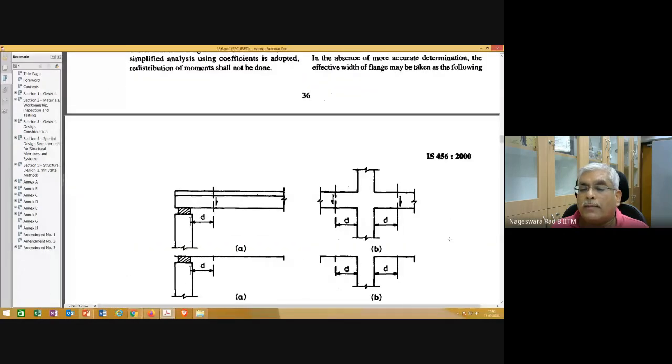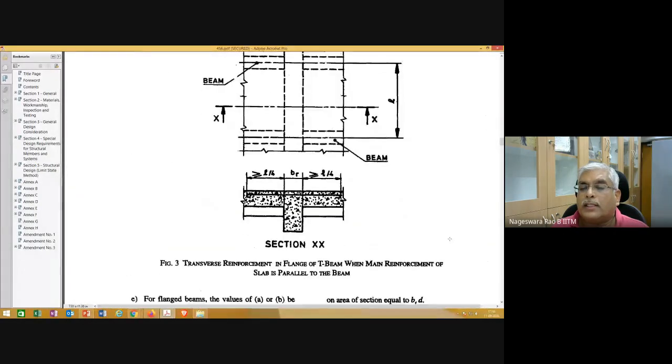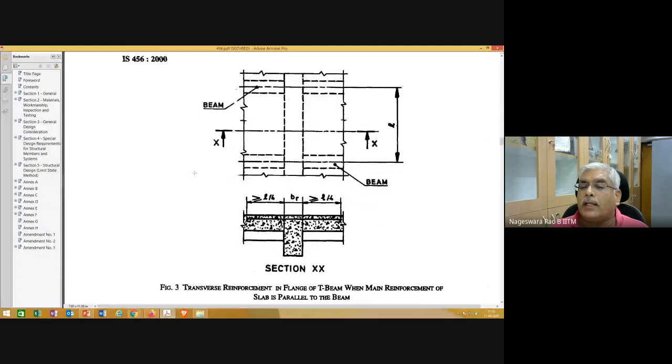This is what figure 3 shows: longitudinal reinforcement is parallel to the beam, and transverse reinforcement shall be at least 60% of the main reinforcement at the mid-span.